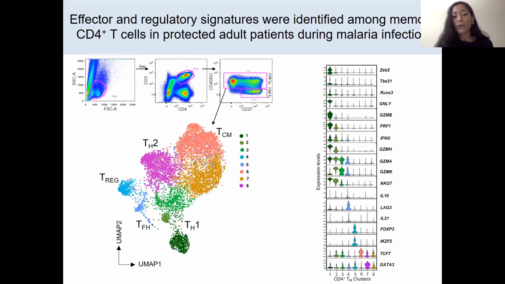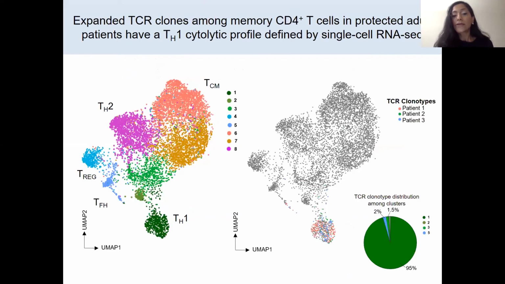So on the next slide, what we also wanted to determine is the clonality of these T cell populations that we profiled. And the reason for this is because if there is a population of T cells that is responding to the infection, they essentially would proliferate and share their T cell receptor, have the same T cell receptor.